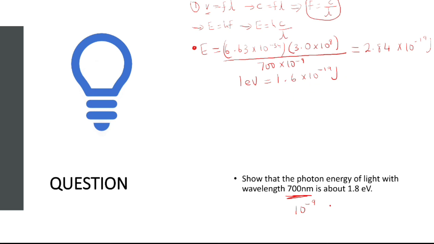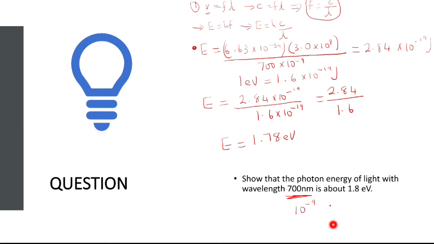If we are to convert from joules, like what we have here, to electron volts, we divide. So that's 2.84 times 10 raised to the power of minus 19 divided by 1.6 times 10 raised to the power of minus 19. The powers of 10 cancel each other out, so that is 2.84 divided by 1.6. If you punch this into your calculator, your energy will be 1.78 electron volts.